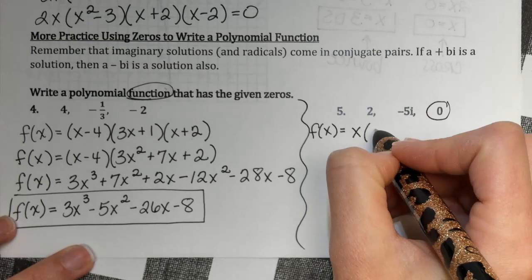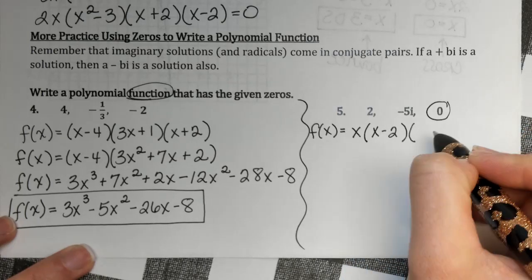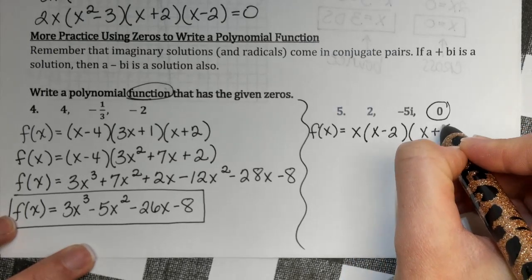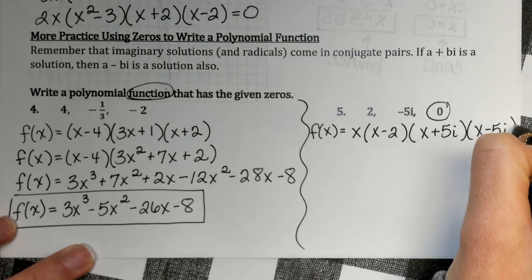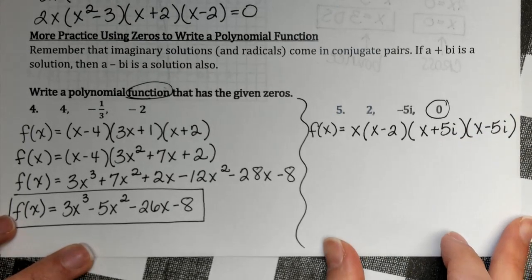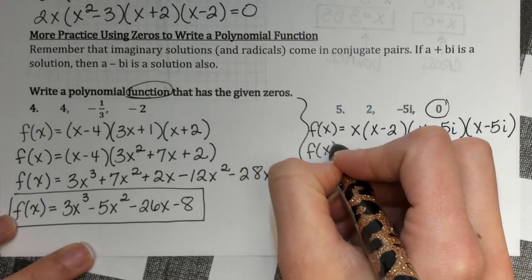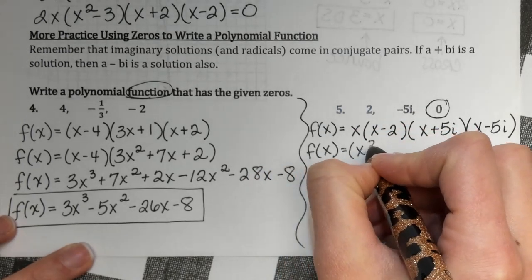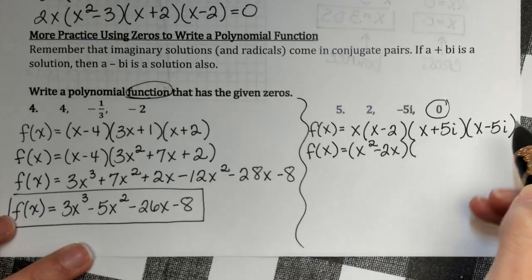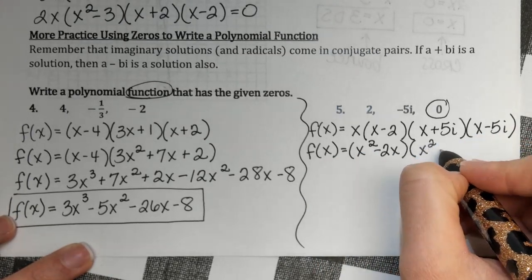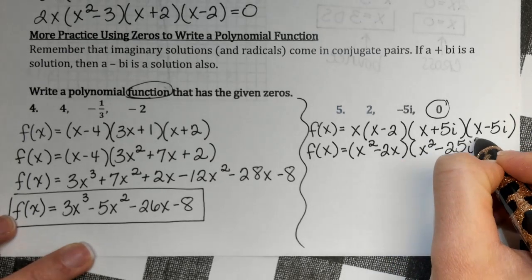And then I'm going to have x minus 2, and then I'm going to have, okay, you better have its conjugate there. So then I can multiply and get x squared minus 2x, and then the conjugate gives me x squared minus 25i squared.